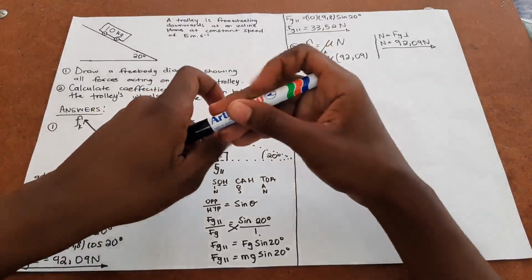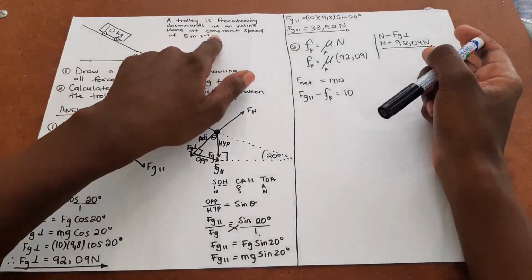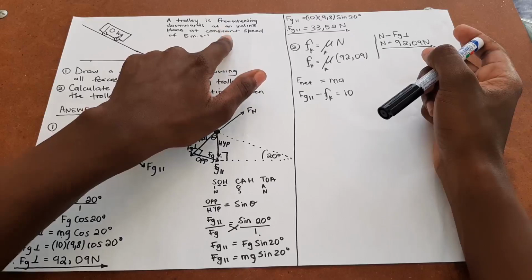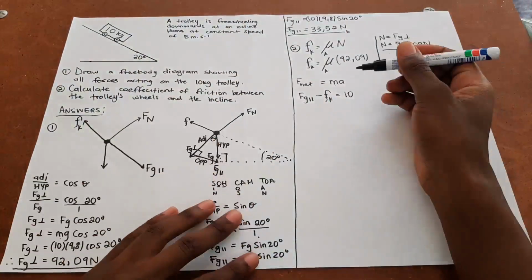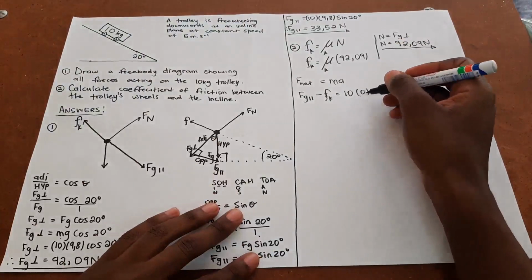What is your acceleration, guys? Mind you, the trolley is moving at a constant speed, meaning that the acceleration is 0.